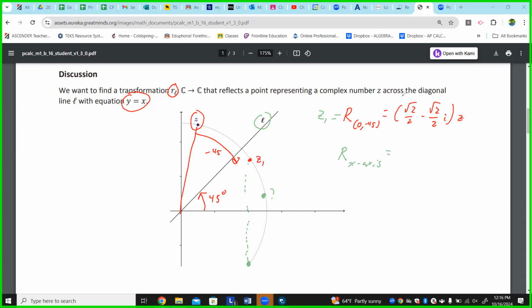If this whole thing is z1, I can basically just make it the conjugate, right? So technically, this is what I'm doing. I'm going to do the conjugate of what z1 was. Well, z1 was the square root of 2 over 2 minus the square root of 2 over 2 i, times z.